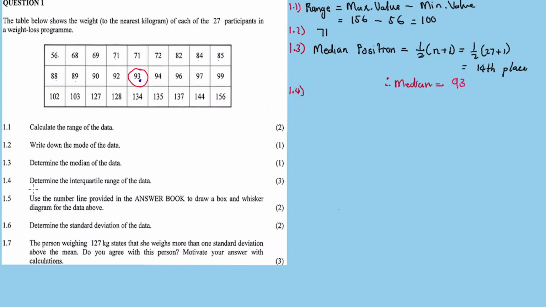1.4, determine the interquartile range of the data. The interquartile range is equal to Q3 minus Q1, the upper quartile and the lower quartile. The median we also call Q2, right?